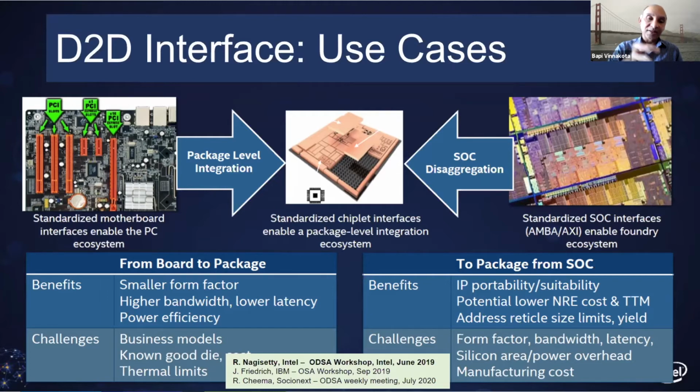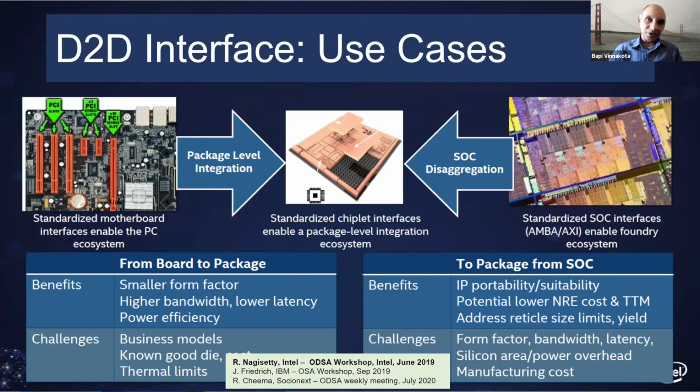Why do the use cases matter? Because they tell you what protocols you use to exchange logical information. If it's a board, it's going to be PCI Express, maybe NVMe, and moving forward there's a good chance it's going to be CXL.